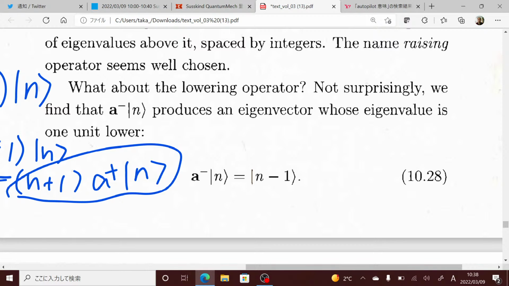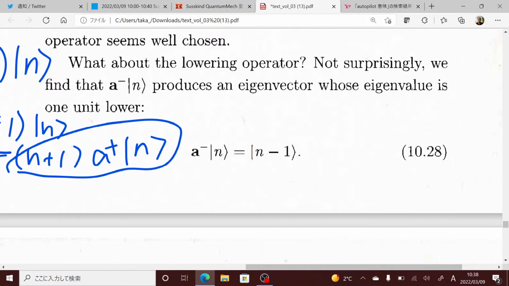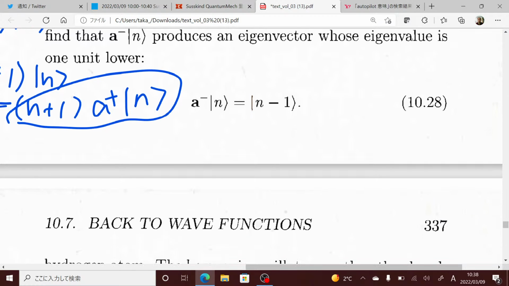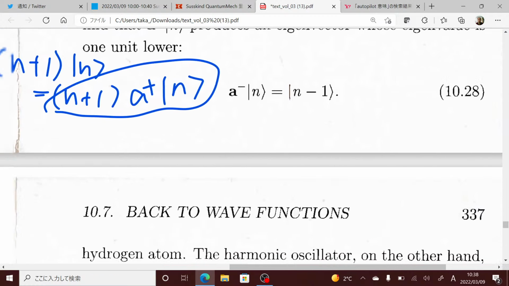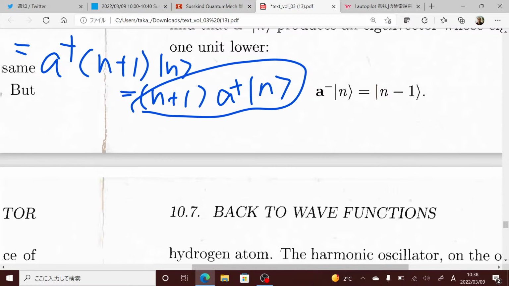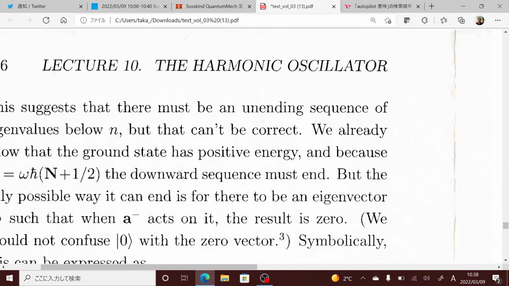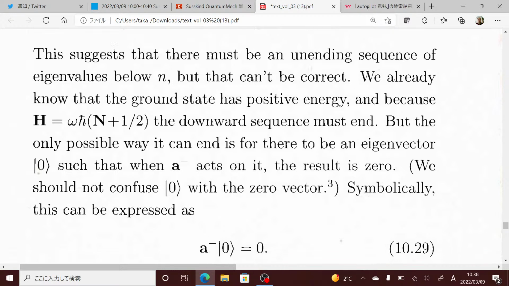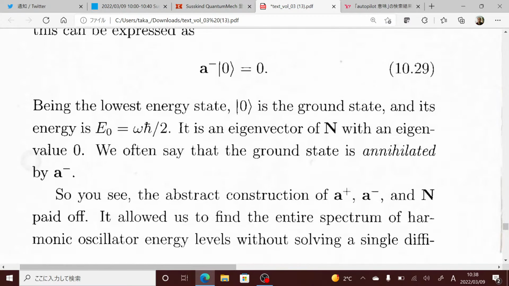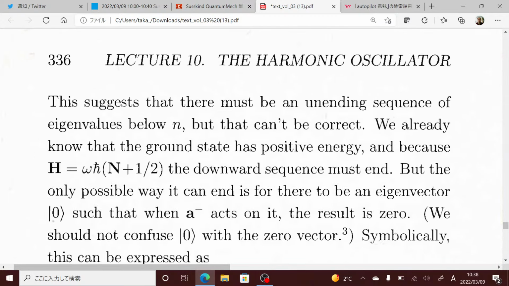Now, surprisingly, we find that a minus acting on ket of n produces an eigenvector whose eigenvalue is 1 unit lower. A minus ket of n is n minus 1, ket of n minus 1. This suggests that there must be an ending sequence. Okay, let me stop here.